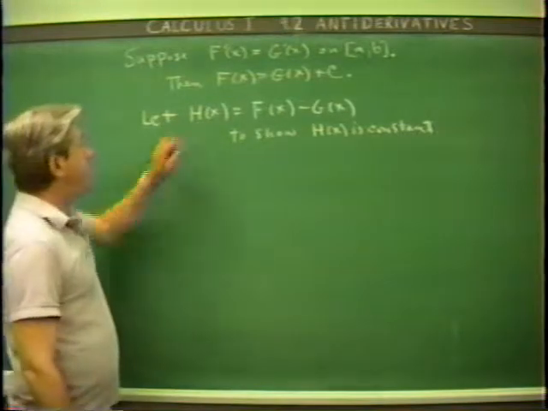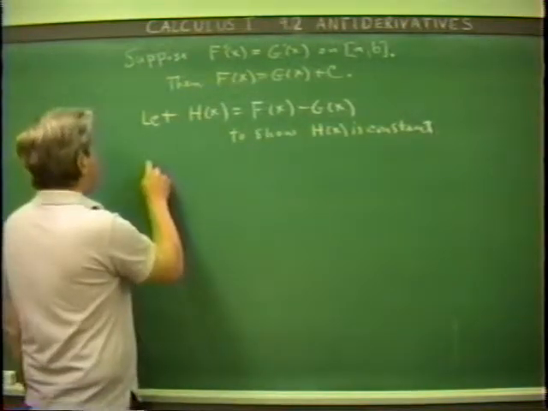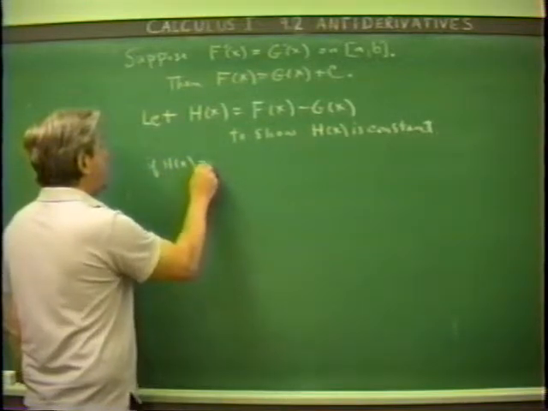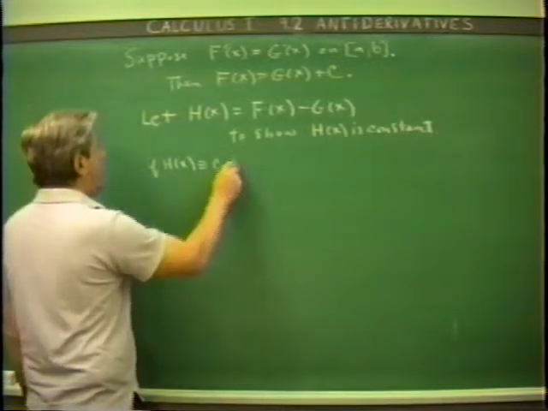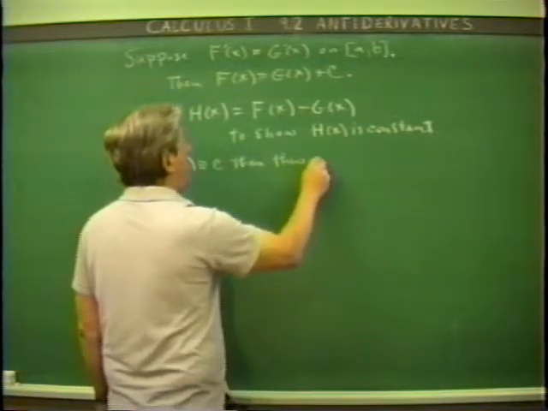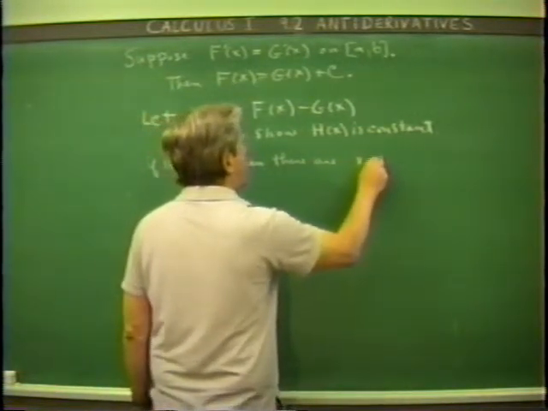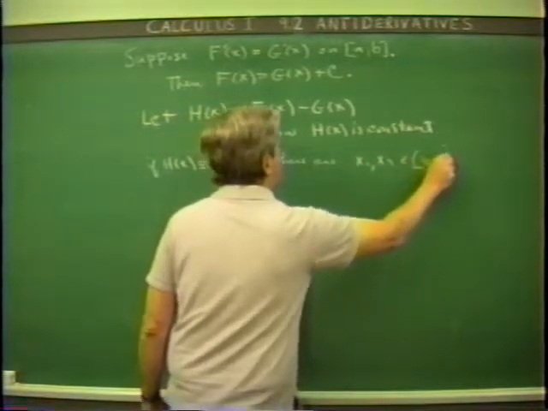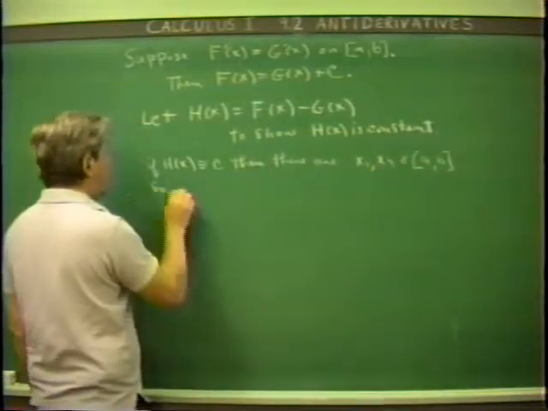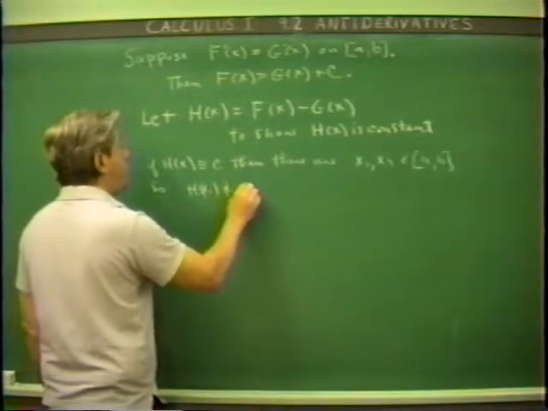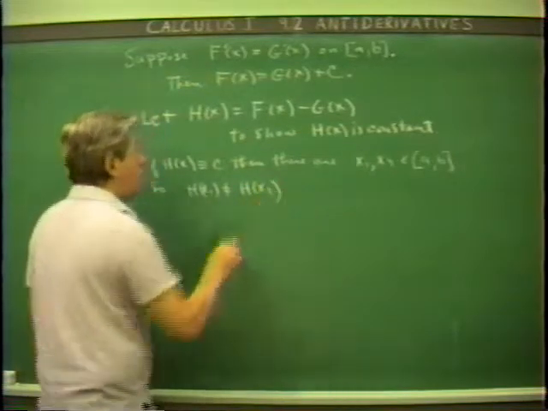All right. So suppose that h of x is not a constant. If h of x is not identically constant, then there are 2 points, x1 and x2, in the interval AB, so that h of x1 is not the same as h of x2.